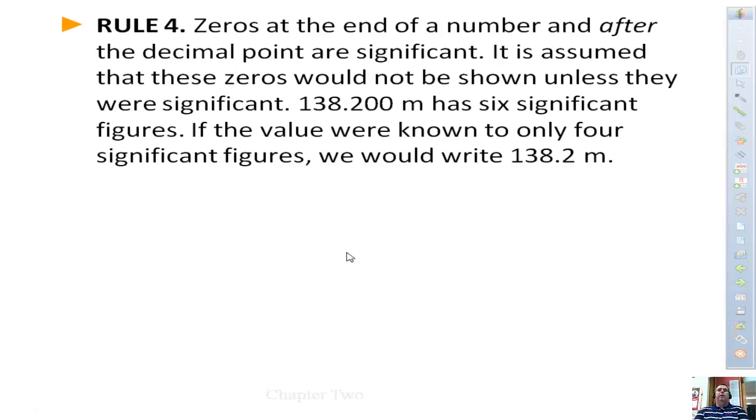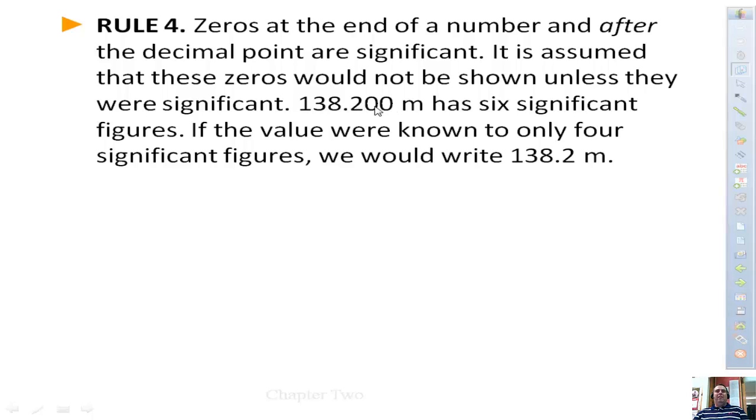Rule 4, final zeros. Final zeros are also going to be significant. So it says here, zeros at the end of a number and after the decimal point are significant. It says it is assumed that those zeros would not be shown unless they were significant. So the number 138.200 has 6 significant figures. 1, 3, 8, and 2, that's rule number 1.